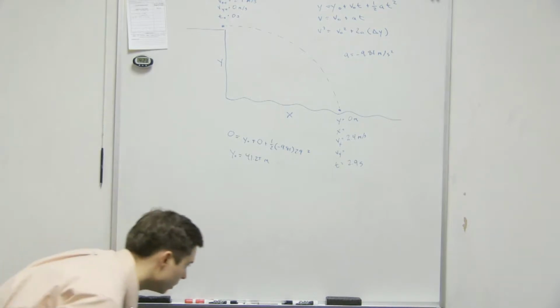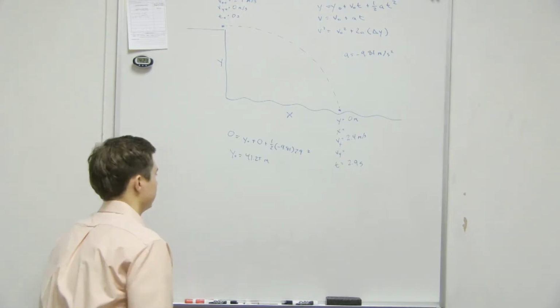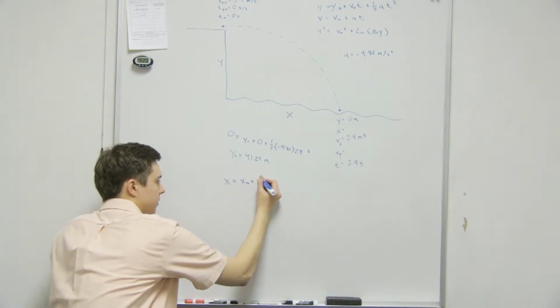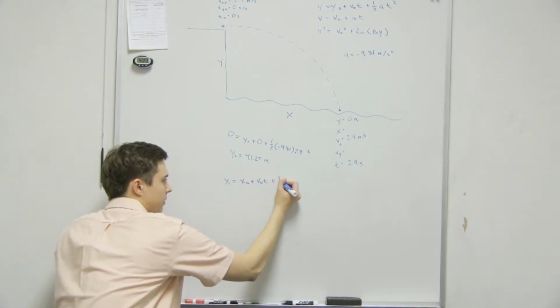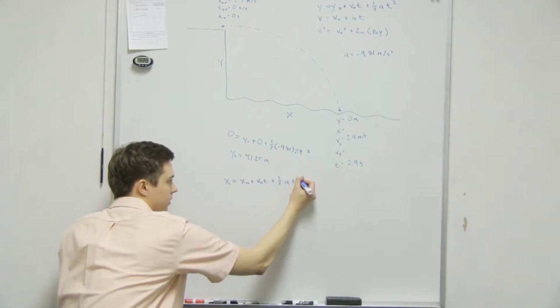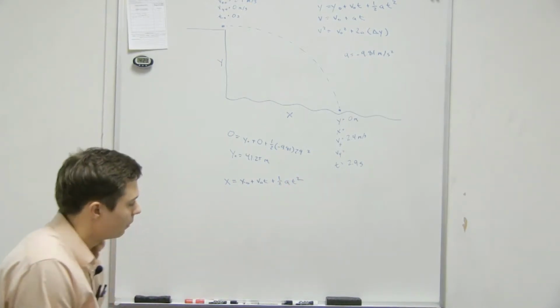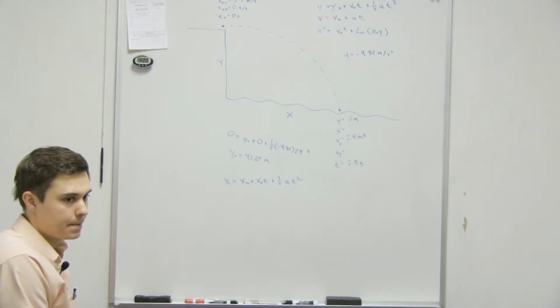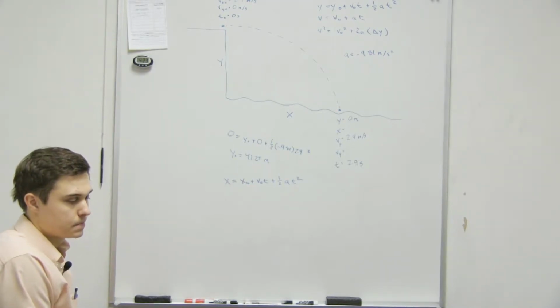We can use this equation, x equals x naught plus v naught t plus 1/2 a t squared. And what do we know about acceleration in the x dimension? What does it equal?